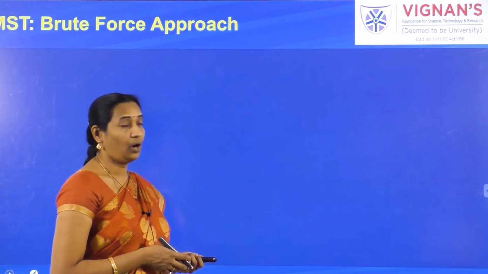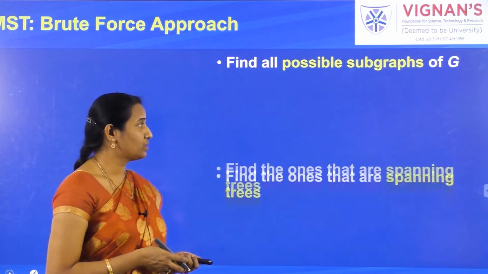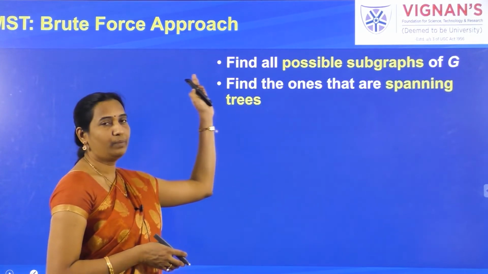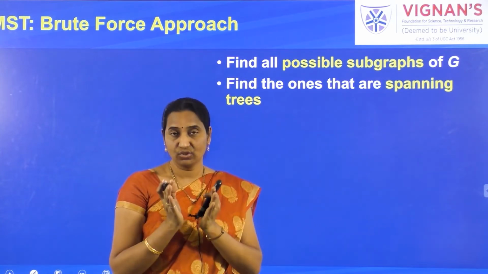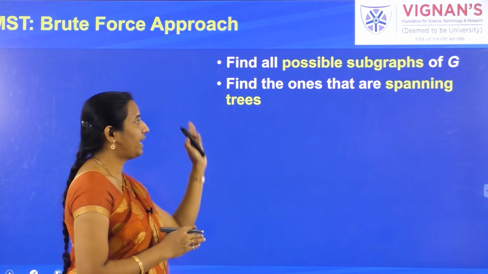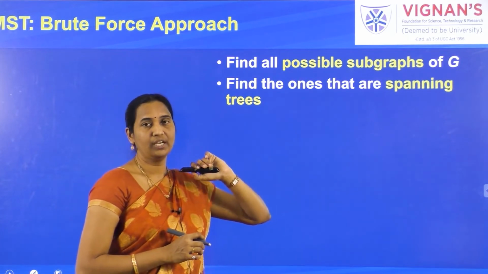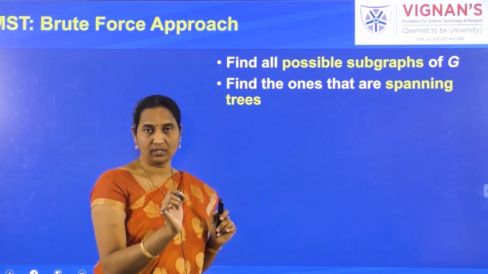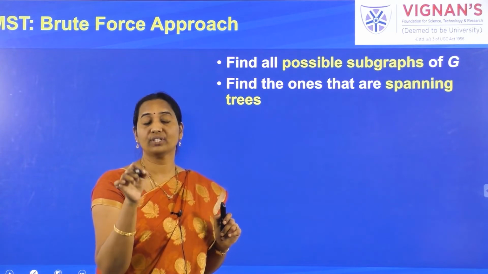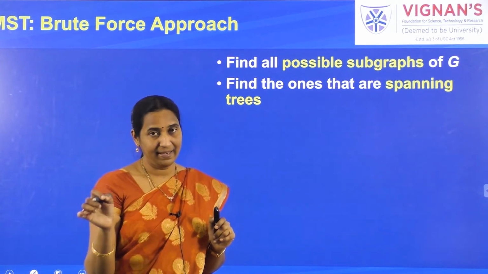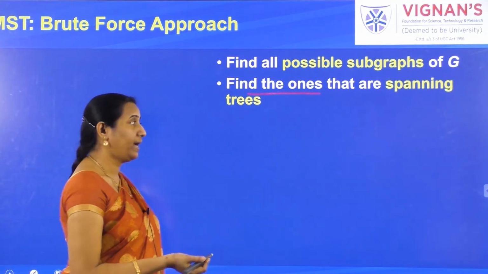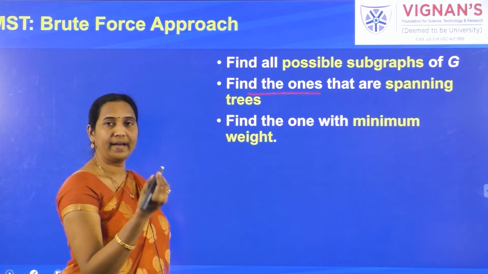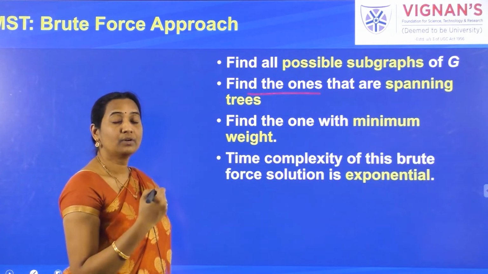Now let's see how the problem of MST can be solved using the brute force approach. In the brute force approach, you need to find all the possible subgraphs of the graph G. That's the first step, and after finding the subgraphs of G, you need to find which are the spanning trees, because all the subgraphs of the graph need not be spanning trees, right? So you list out all the ones which are spanning trees, and among those spanning trees you find whichever is giving the minimum cost.